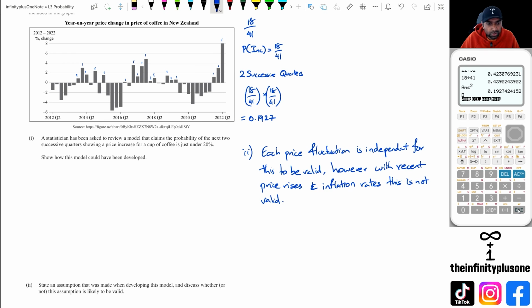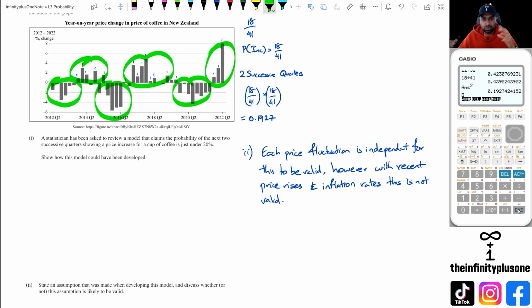Also, if you look at one other thing here, all of these bars are kind of clumped together. You can see the clumps here. Look at this: here the price has dropped, but then here the price has almost risen, and then you've got another clump. It's quite clumpy, so because of that it's not independent, because they are dependent on each other.